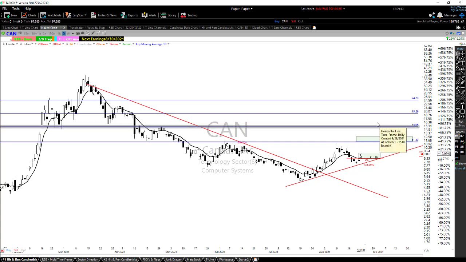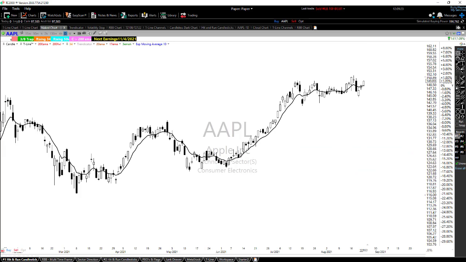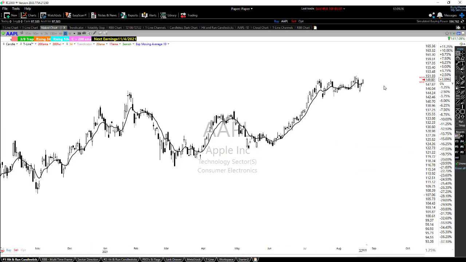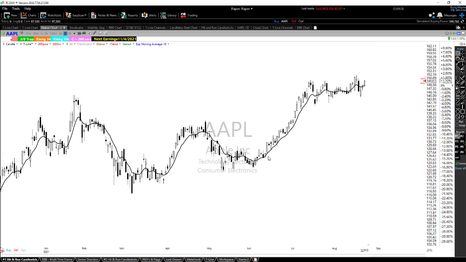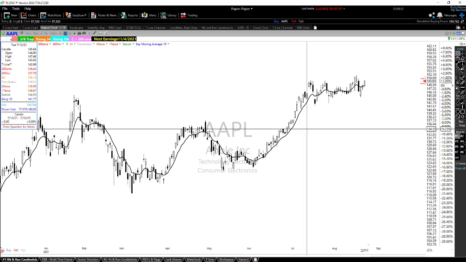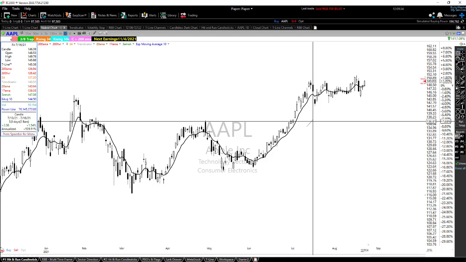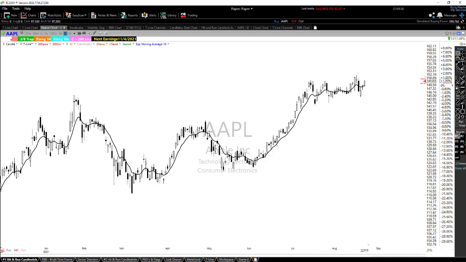But if you don't like it here because of that resistance, you're never going to like a chart unless they're breaking out to all-time new highs. I'm just going to use Apple because Apple's close, okay? So you could be buying Apple anywhere in here you want, but if you're always worried about that resistance, you're never going to be satisfied.